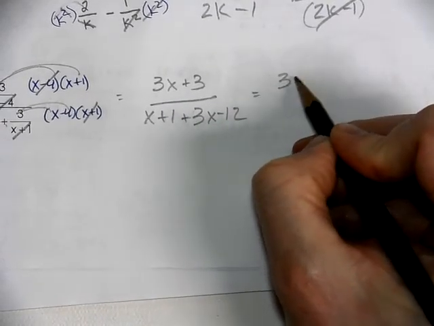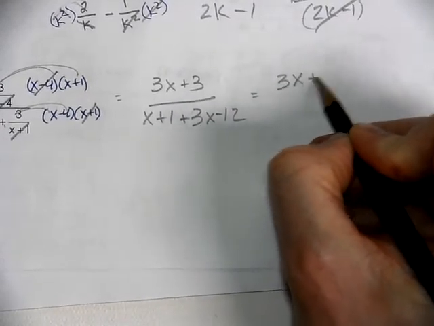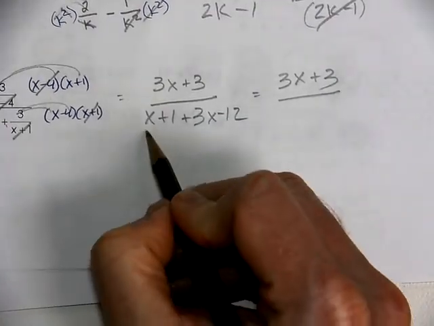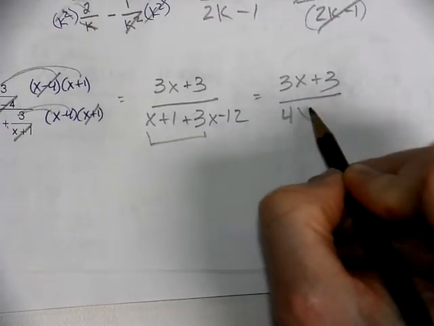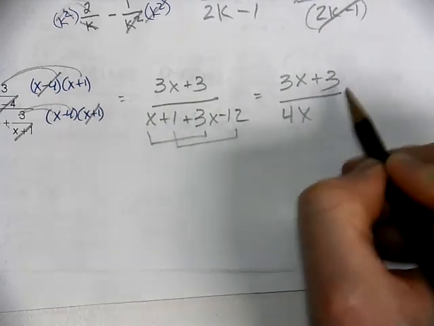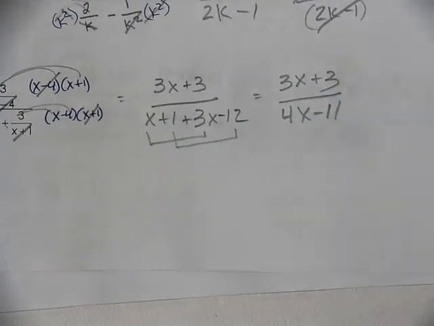That's going to leave me 3x plus 3. That's 4x minus 11. You could factor the numerator apart, but there's no need to do so because it's not going to cross off. I don't have an x plus 1 on the bottom.